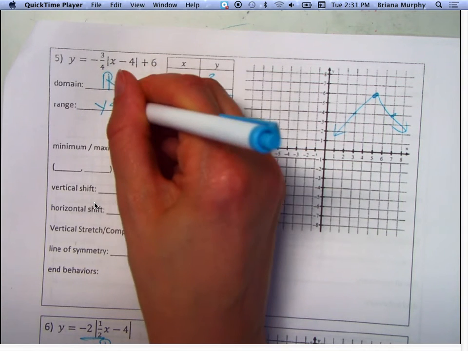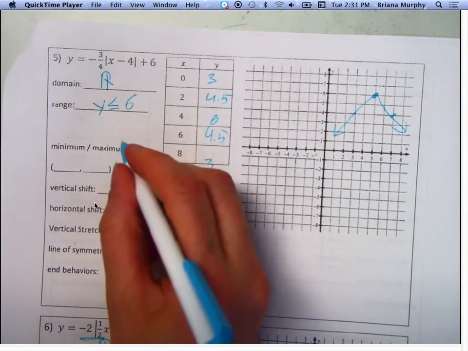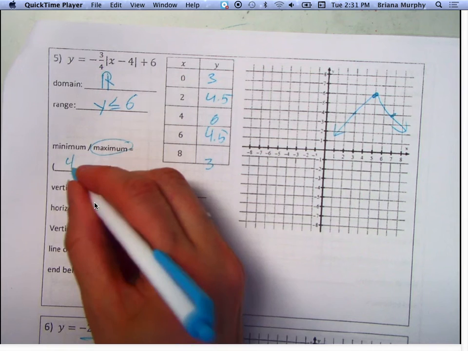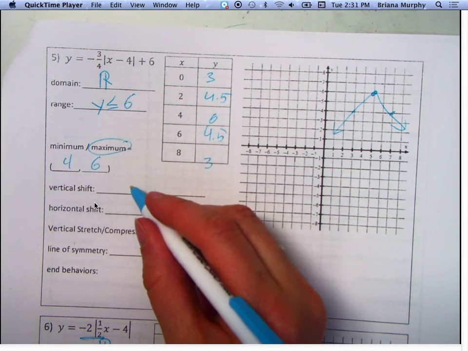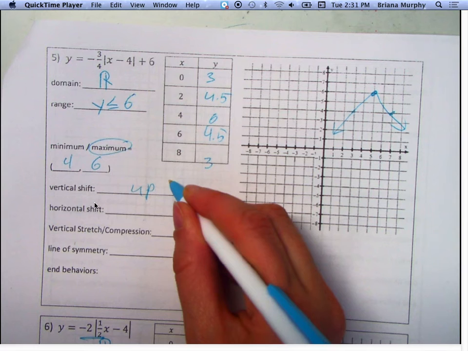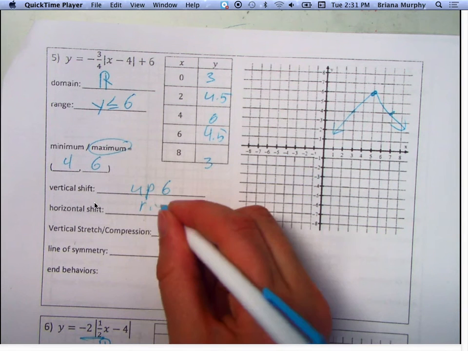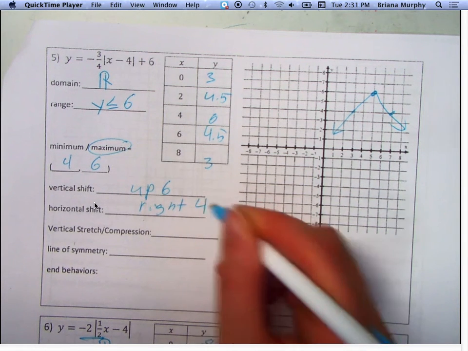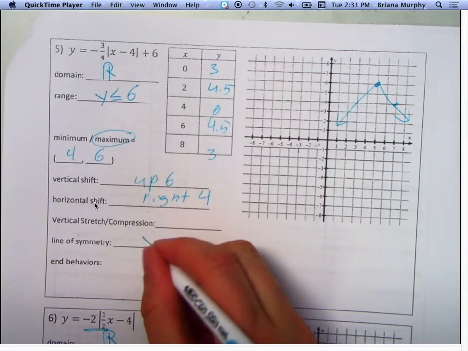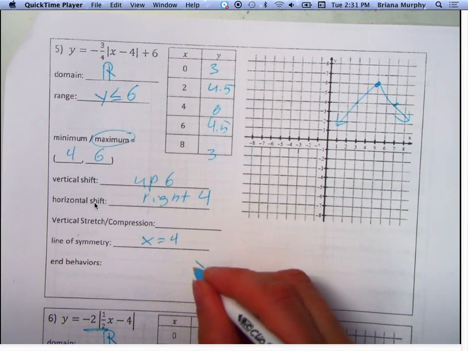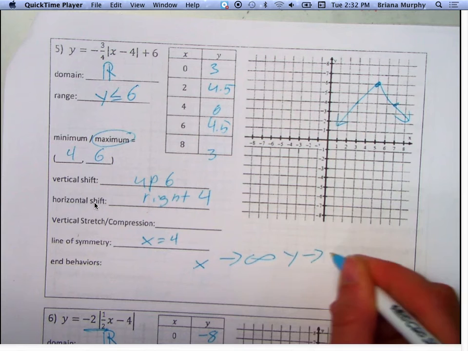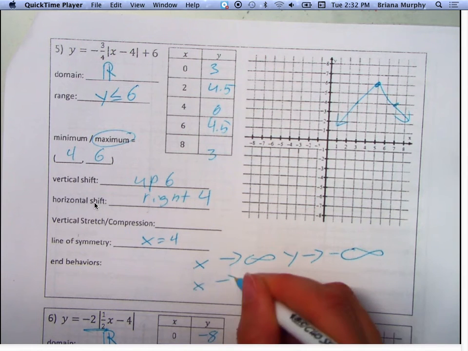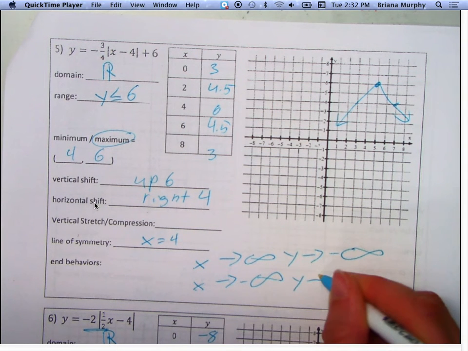Y has to be less than or equal to 6. It has a maximum of (4, 6). What did my vertical shift do? Up 6. What did my horizontal do? Right 4. Its line of symmetry is x equals 4, and I know my end behavior: as x approaches infinity, what is y approaching? As x is approaching negative infinity, y is approaching.